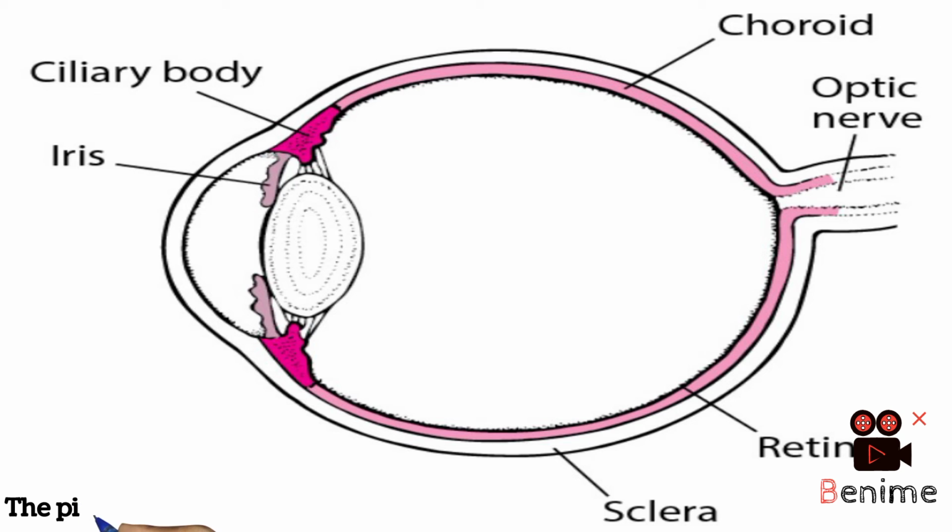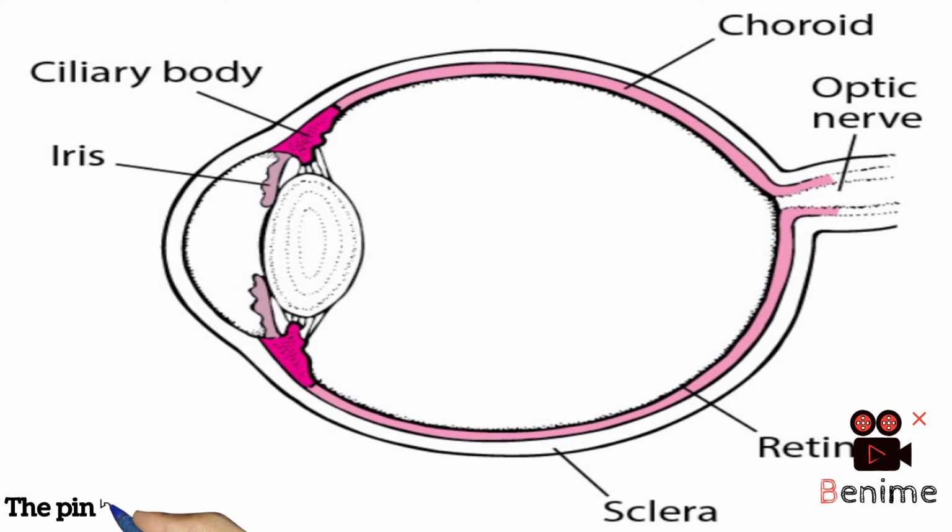Also, it contributes in the formation of the aqueous humor somehow, but not clearly. But the major function of the iris is accommodation.